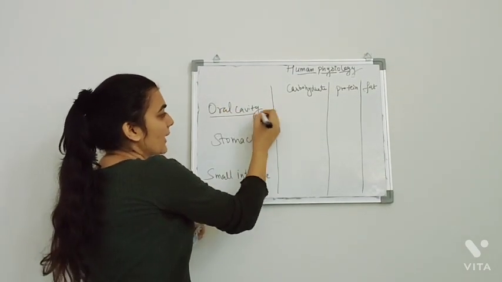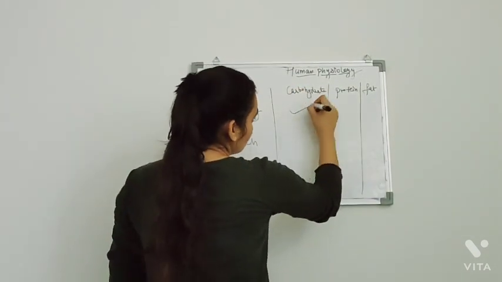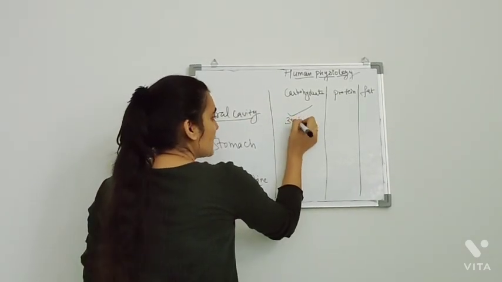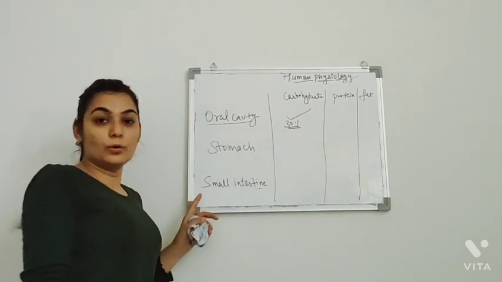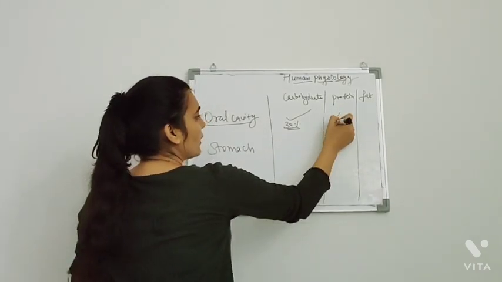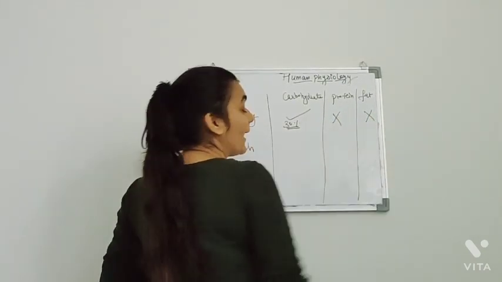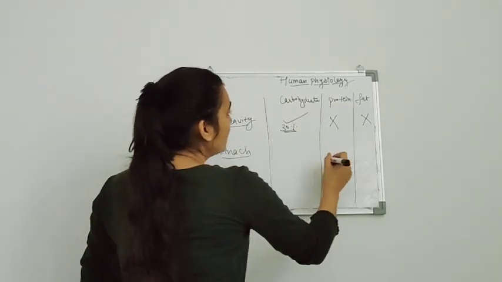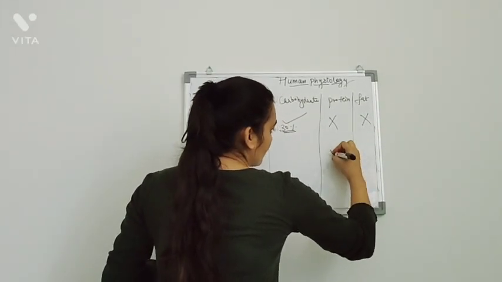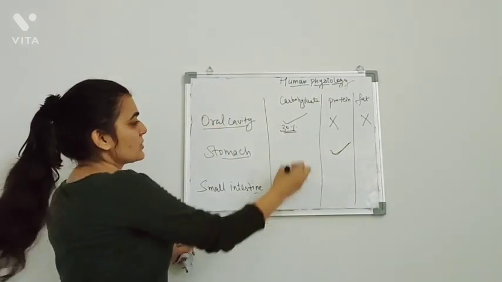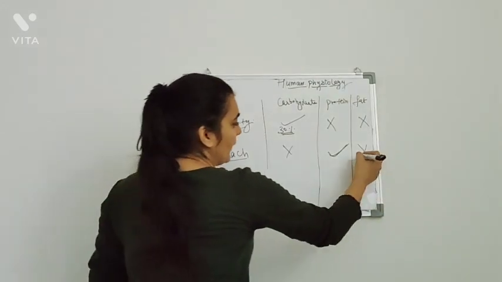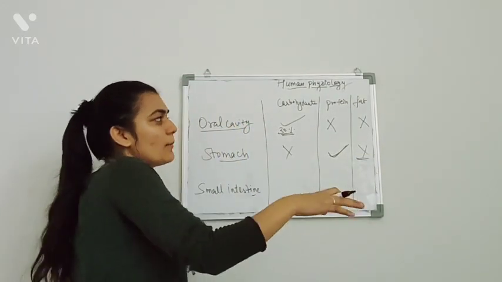Let's summarize this with the help of this table. In the oral cavity, there is carbohydrate breakdown: 30% of starch is digested in the oral cavity. But there is no digestion of the protein and no digestion of the fat in the oral cavity. After that, the stomach has protein digestion, but there is no carbohydrate and fat digestion.